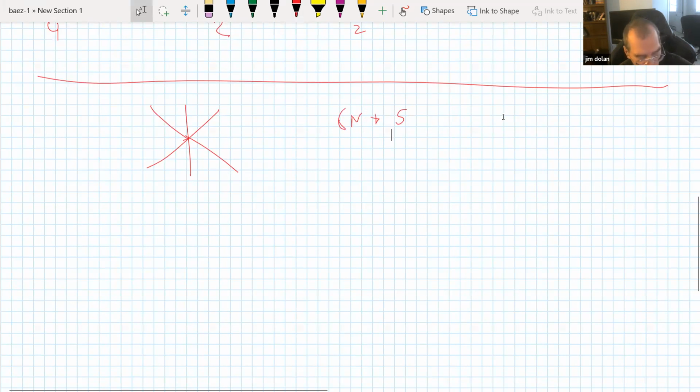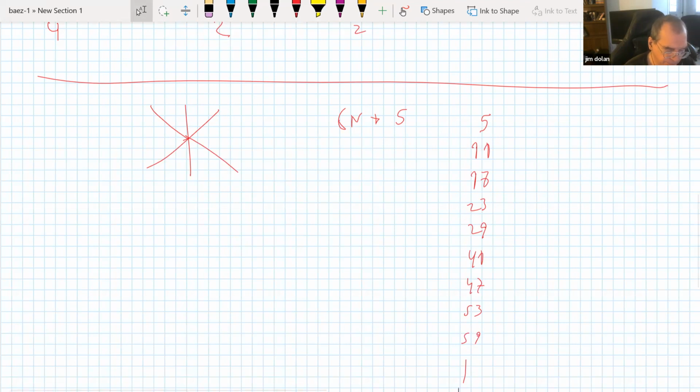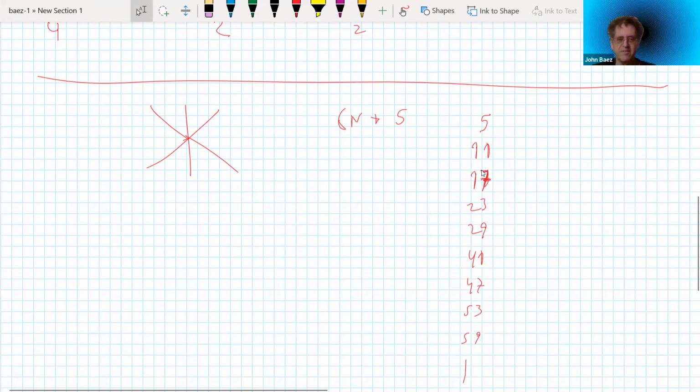So that would be 5, 11, 17, 23, 29, 41, 47, 53, 59, etc. And that's supposed to be a 7 there. I don't know if you can read that. So 7. Yeah. So I think it's going to be like GL, the Eisenstein integers.